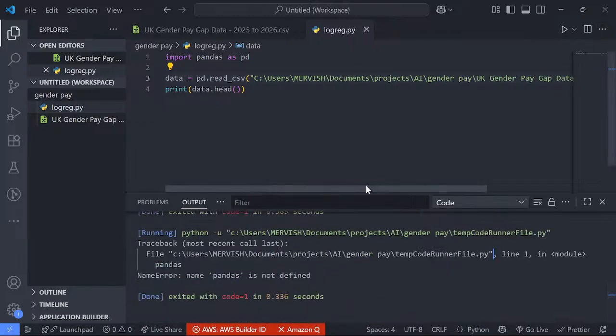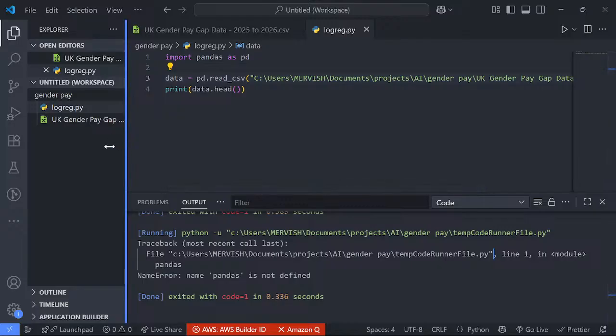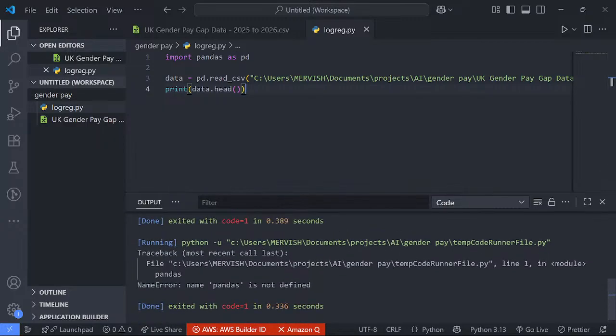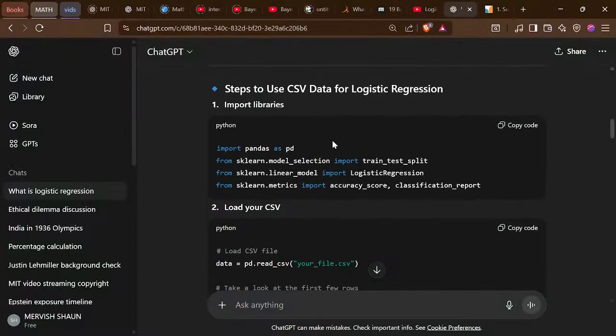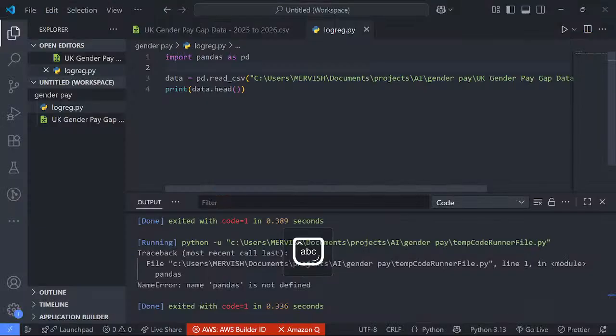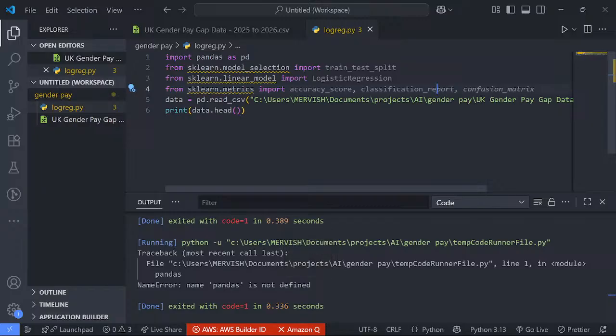Let's close this. Too much clutter. What is going on? It's not defined. What do you mean? Should I take all of this? I don't think so. I haven't downloaded none of this.